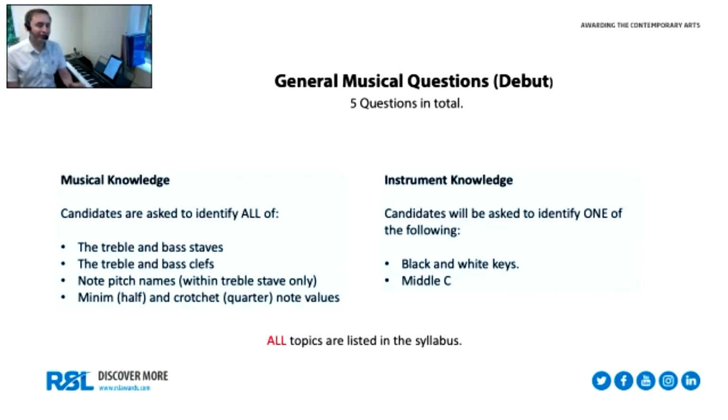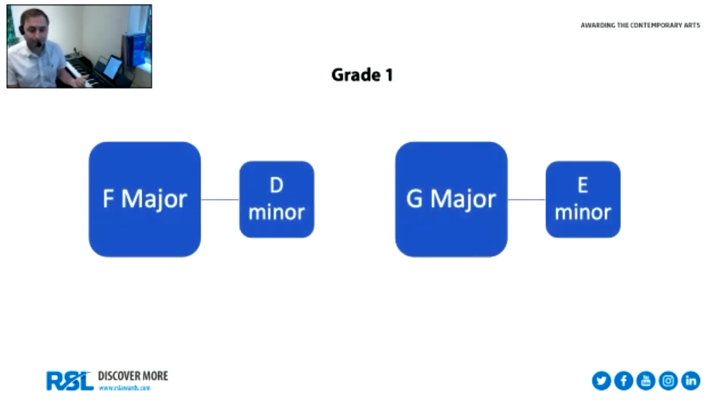And I've got a couple more demonstrations to show you today. Before I do, I'm going to go back to technical work very briefly, and I'm not going to go into as much detail, but I just wanted to show you very quickly as to what the next stage would be. So if we go up from debut to grade 1, for our technical work, you can now see that we've got 2 different keys.